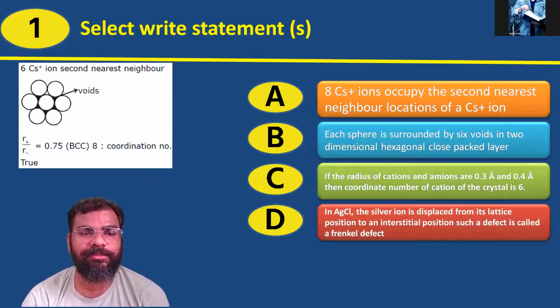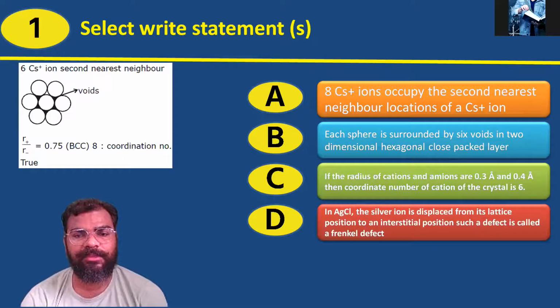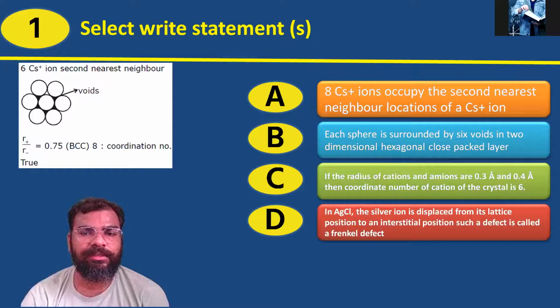So the coordination number will be 8. So the correct statement is: each sphere is surrounded by 6 voids in a two-dimensional hexagonal close-packed layer. Each sphere is surrounded by 6 voids, that is the correct answer.